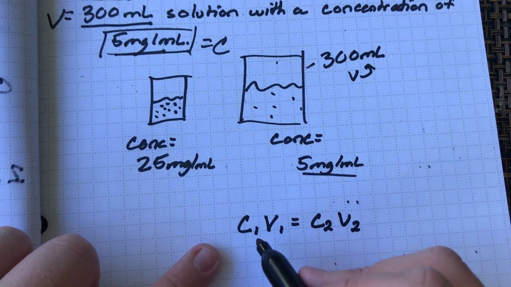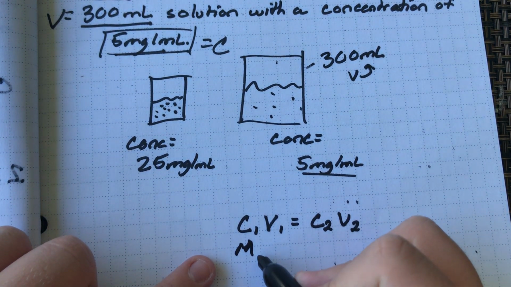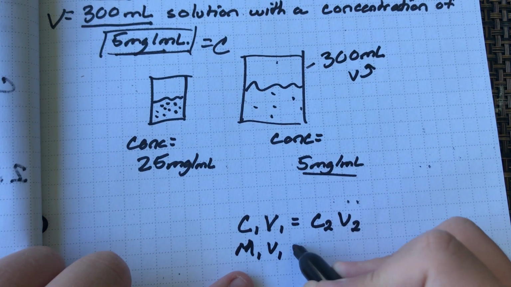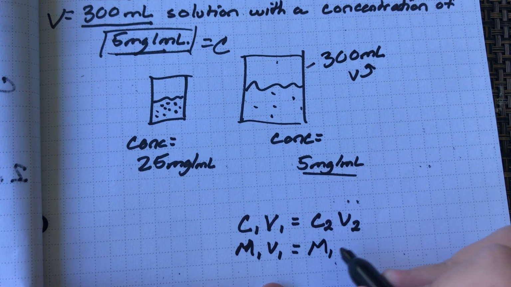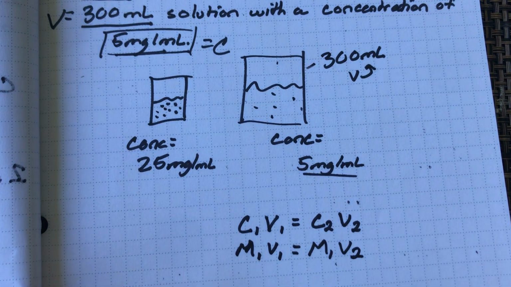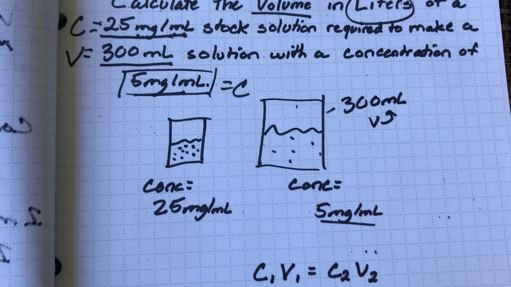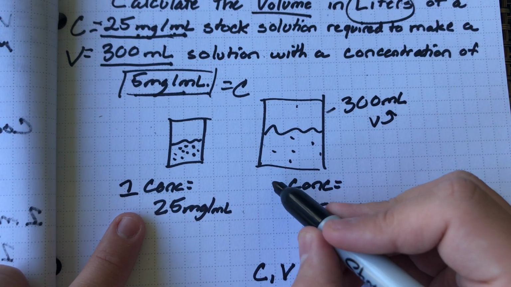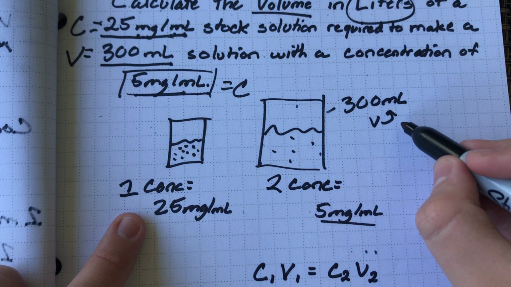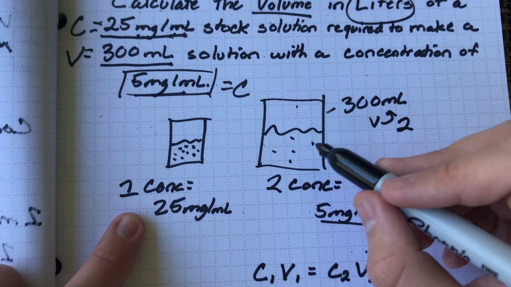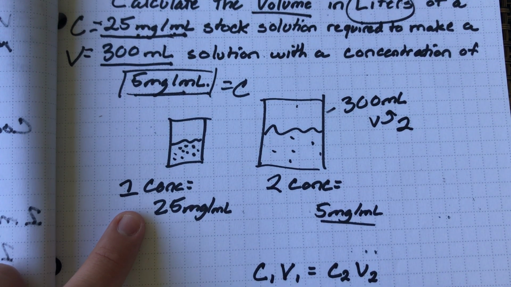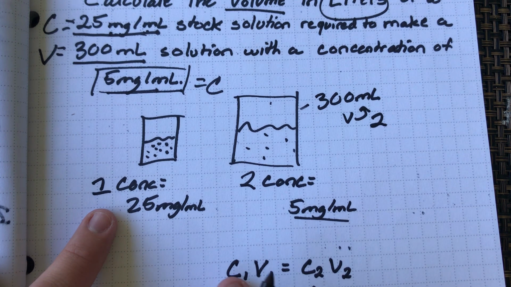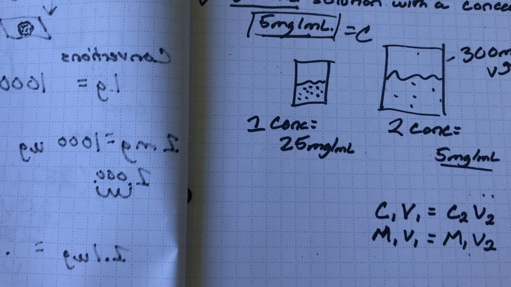You might also see this as mass 1 times volume 1 is equal to mass 2 times volume 2. So, this is our first volume, this is our first concentration, this is our second concentration, and this is our second volume, because it's in the second cup, right? Okay, so from this equation we see right here, we're going to just plug in these numbers, okay? It's going to go right next to it.